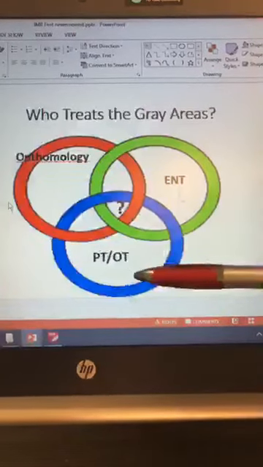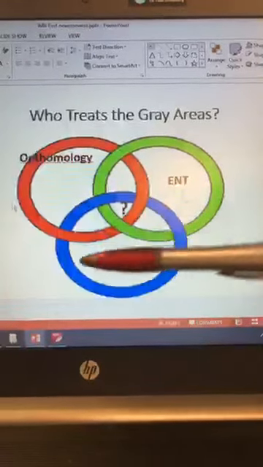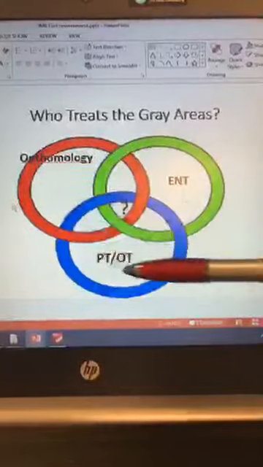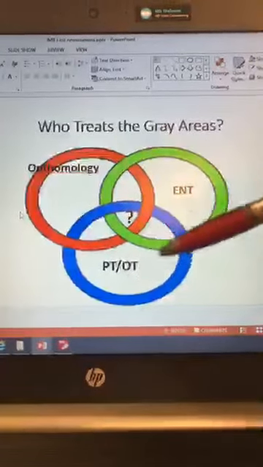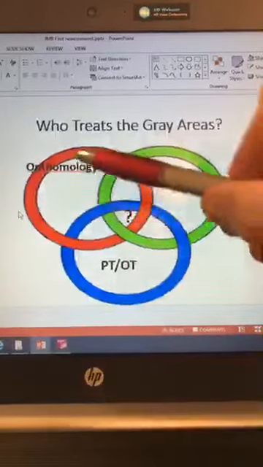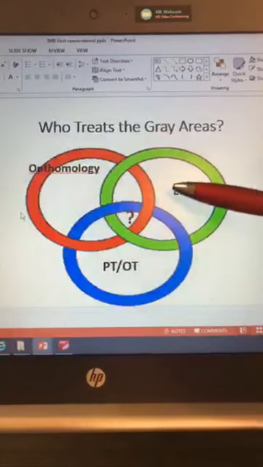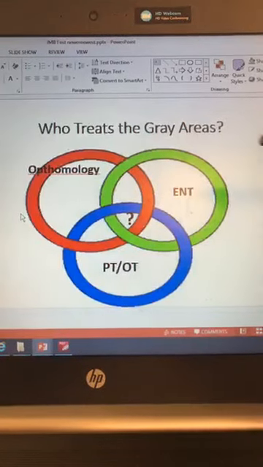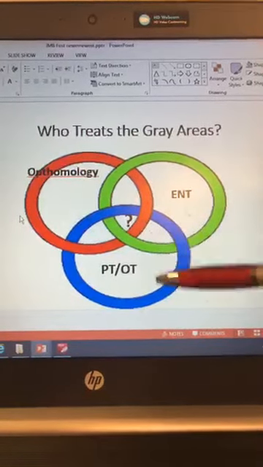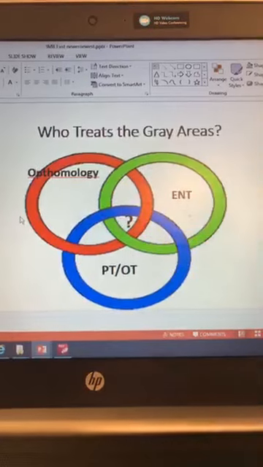And then the ears, nose, and throat doctor, their domain is in the ears, of course. And then for the somatosensory or the legs and musculoskeletal system, it's physical therapists, occupational therapists. And we have overlap. So we have these three different types of healthcare professionals working individually, but collectively, who integrates all three of these senses?